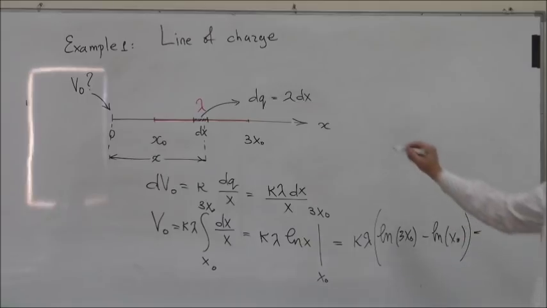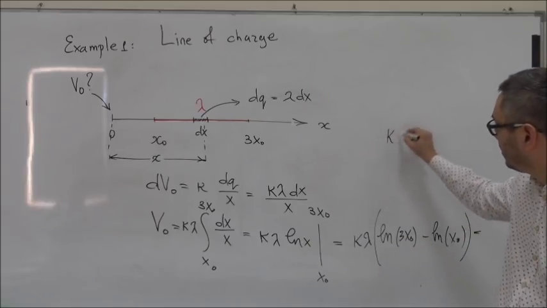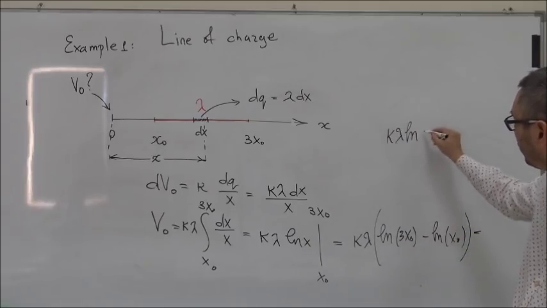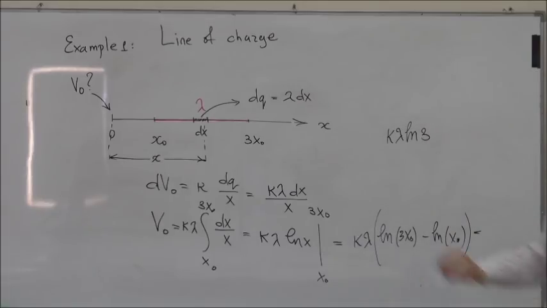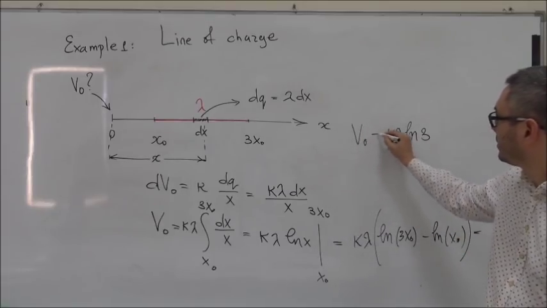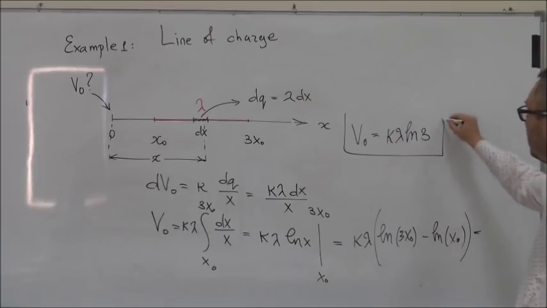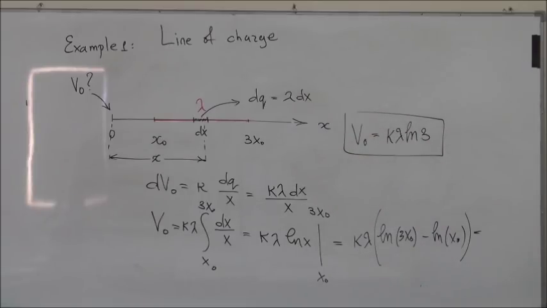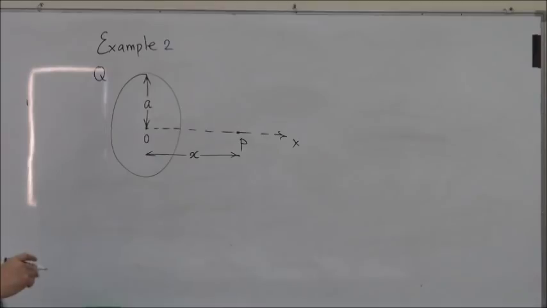And finally, this is equal to k lambda log of 3. So V0 is equal to k lambda natural logarithm of 3. Let's look at another example.